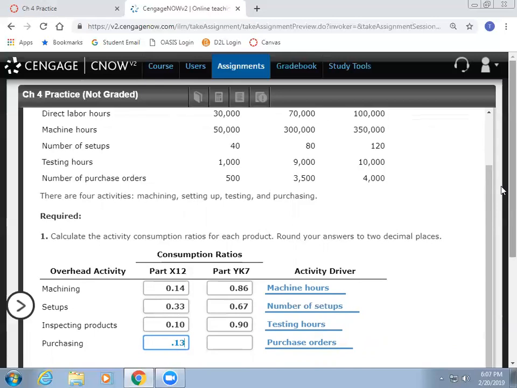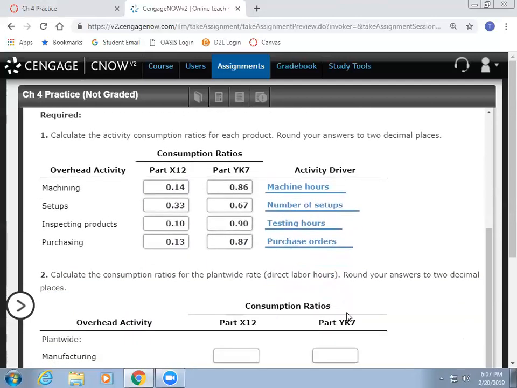So I would do 0.87. Either way, it'll take your answer. To me, I wouldn't go beyond 100% since it's a ratio. I'd probably be wiser to do 13.5 and 87.5 would be closer, but they only wanted 2 decimals, so we'll go with it. So we would actually calculate overhead based on these consumption ratios instead.